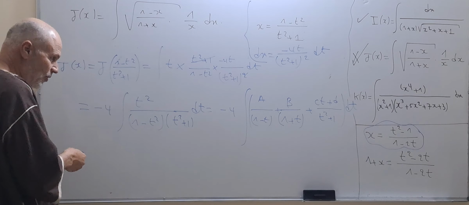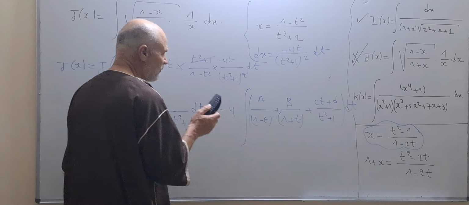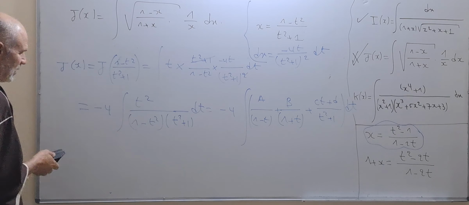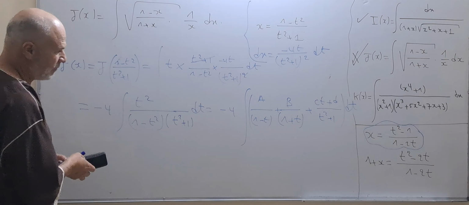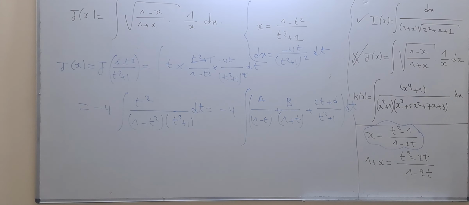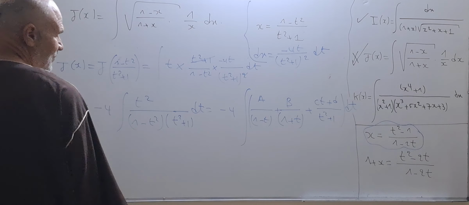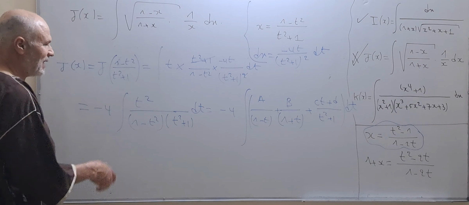By identification, we can find a, b, c, and d. I will check the time to see if I have to do the calculation or not. It's actually 24 minutes. Let us do it.